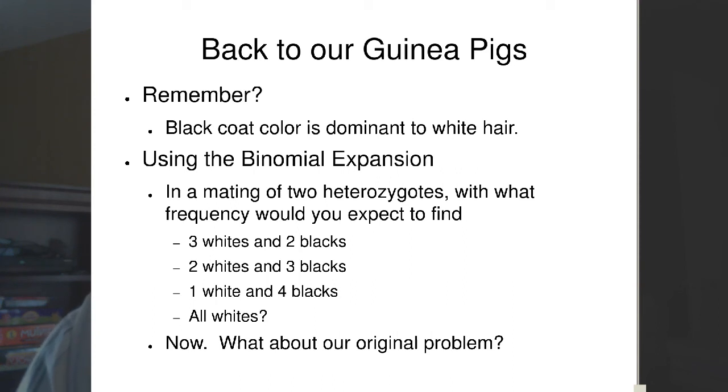And in a mating of 2 heterozygotes, remember this would be a cap B small b crossed with a cap B small b individual. Well, what frequency would you expect to find 3 white guinea pigs, 2 blacks, 2 whites or 3 blacks, 1 white and 4 blacks, or all white guinea pig?